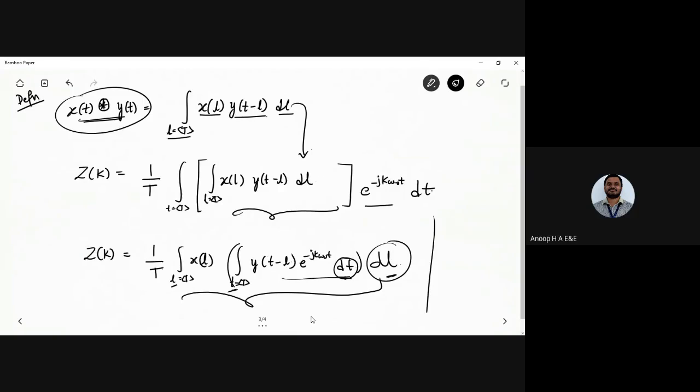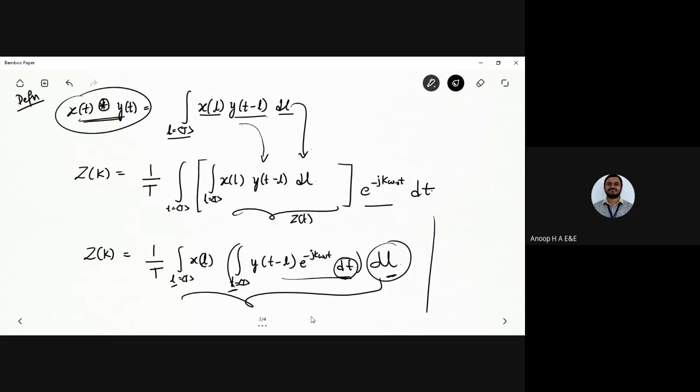Next, by definition, you replace z of t, the entire thing, with this convolution integral, x of L into y of t minus L dL. So z of t is being replaced with this convolution, and then again e power minus j k omega naught t dt.